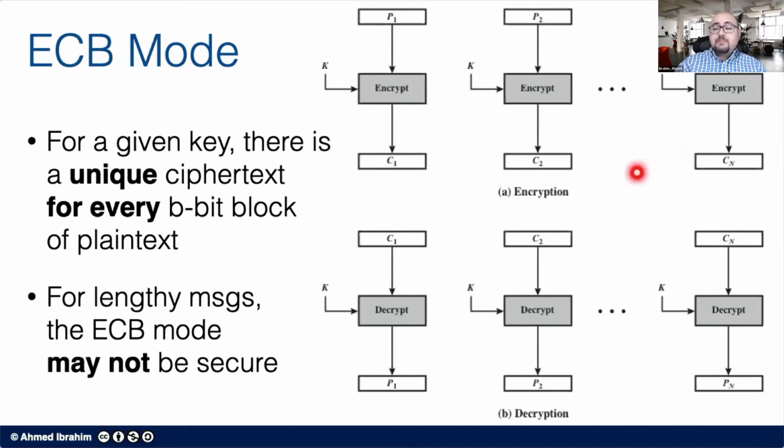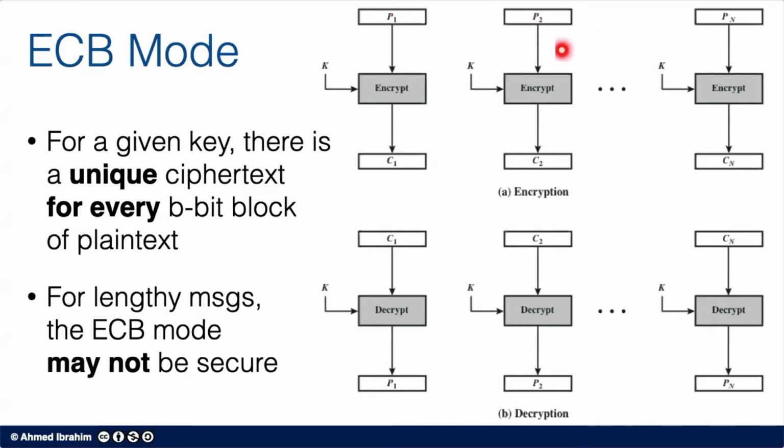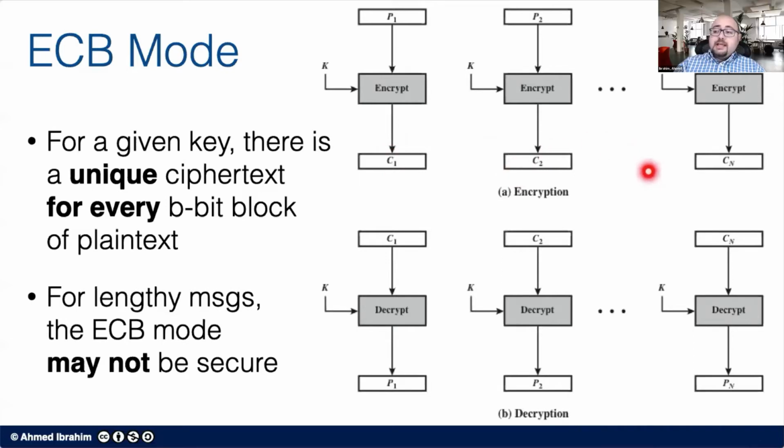And this allows cryptanalysts to infer some information about what's being encrypted. If P1 and P2 and P3 are the same, then C1, C2, and C3 are going to look exactly the same. Then an attacker can know that these three are the encryption of the same plain text. So it doesn't hide the information very well. And you will understand that better in Lab 6.